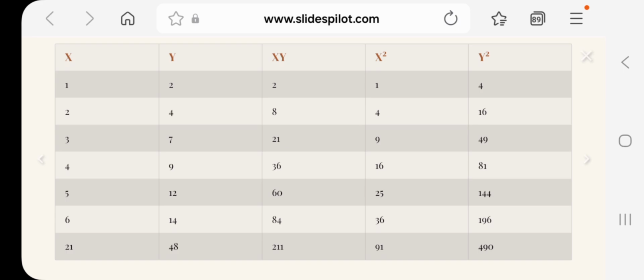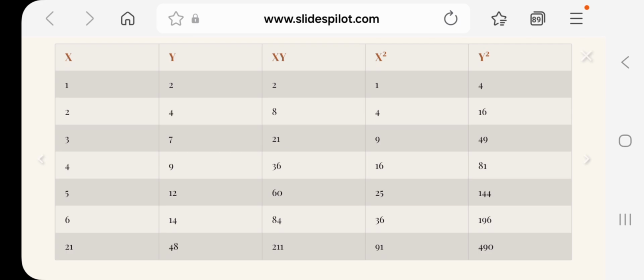So for x, we have the numbers 1, 2, 3, 4, 5, and 6. So next, let's put the y values, which are 2, 4, 7, 9, 12, 14.